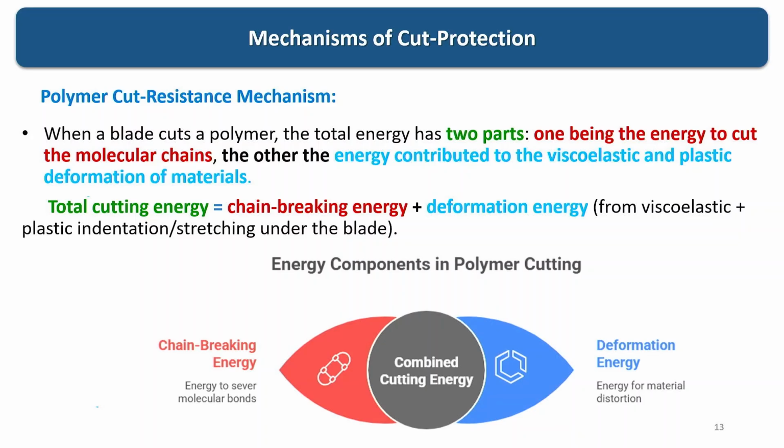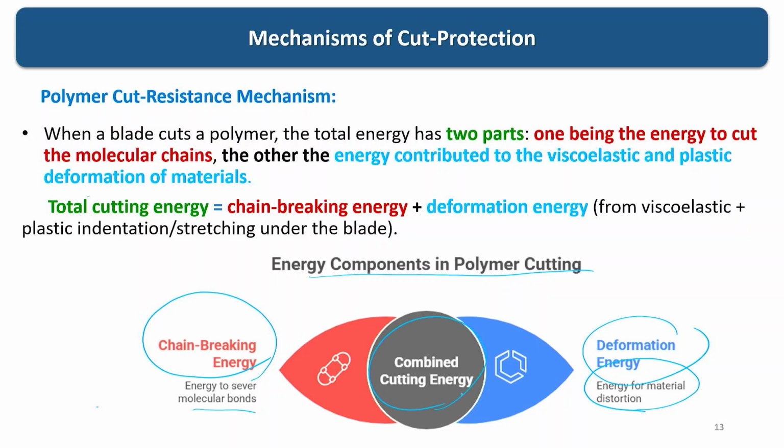If we see here, energy components in polymer cutting: one is chain breaking, the energy to sever the molecular bonds, that is important, and the deformation energy, the energy for the material distortion. If you combine it, this is the combined cutting energy.